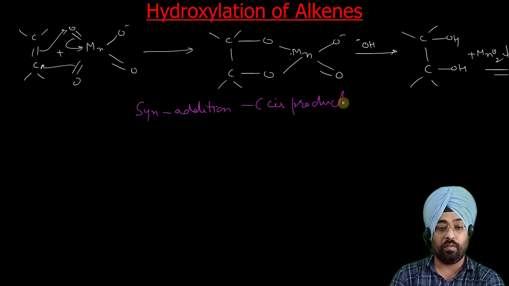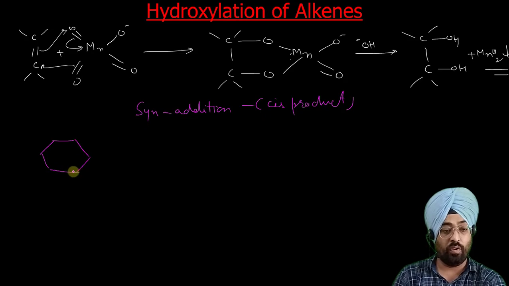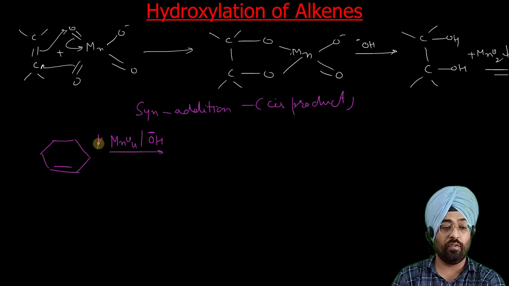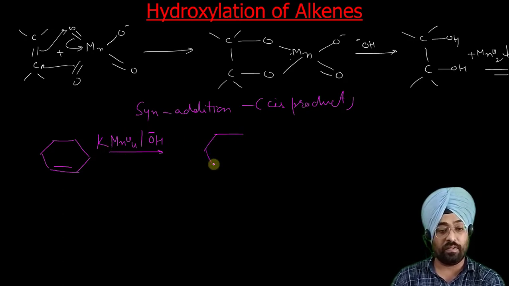Now let us understand this with the example of cyclohexene. If we add MnO4 negative and OH negative, so you can say KMnO4 and OH negative. As I have told you, it is a syn addition, so the mechanism is this.